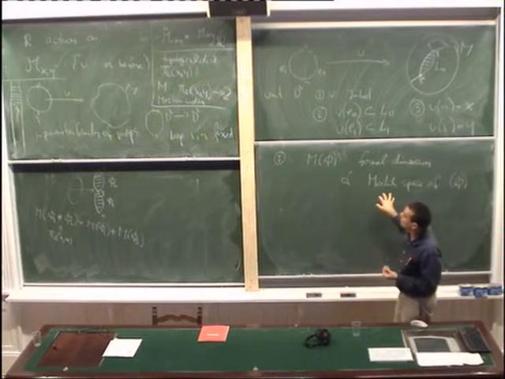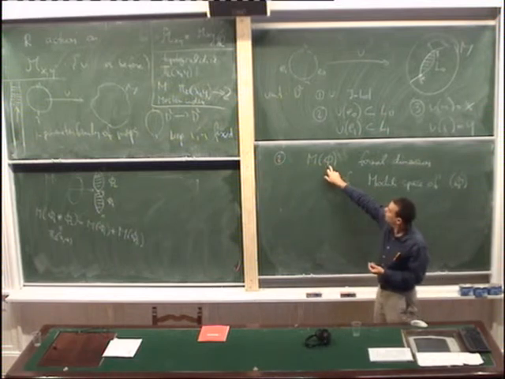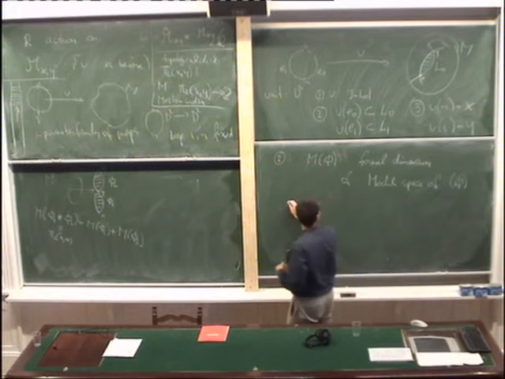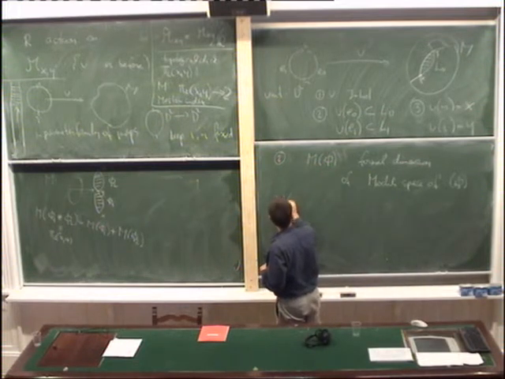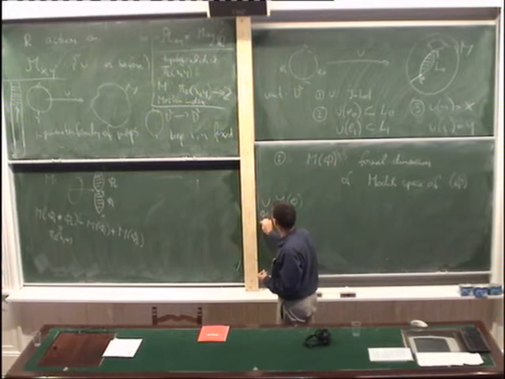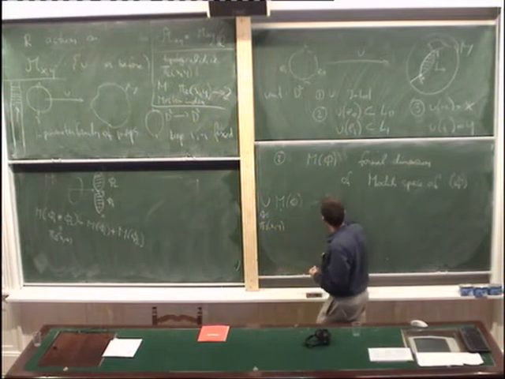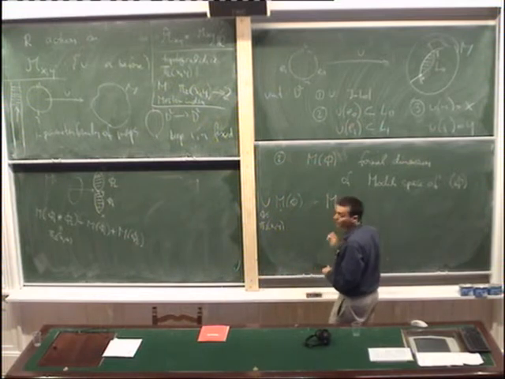The Maslov index is well defined if you fix one homotopy class, so I guess the union of M of phi over phi in pi2 xy is the thing that we have defined as M xy before.